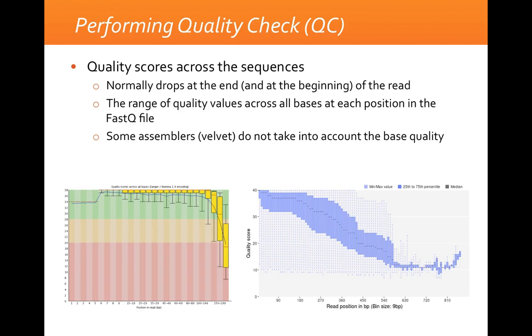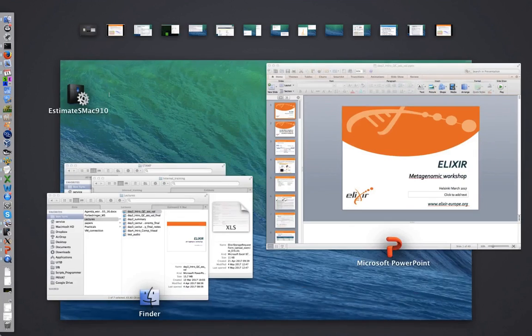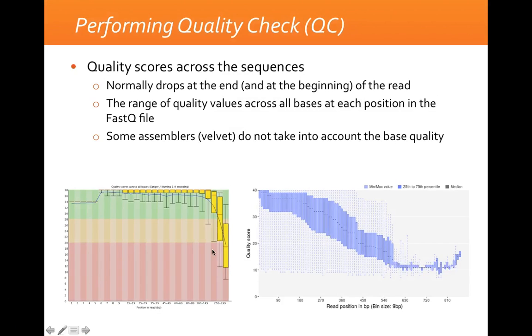You can also view the average quality score in each position of your sequences, and normally you will see that the quality scores drop towards the end of your sequences.